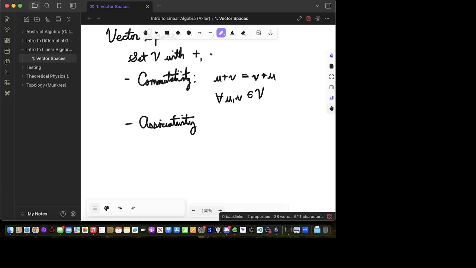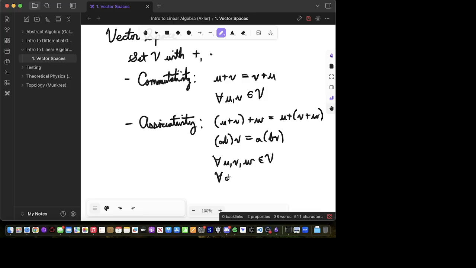The vector space is also associative: u plus v plus w equals u plus v plus w grouped in a different way. And a times b times v equals a times b times v grouped differently, for all u, v, and w in V, and for all a and b in the field.